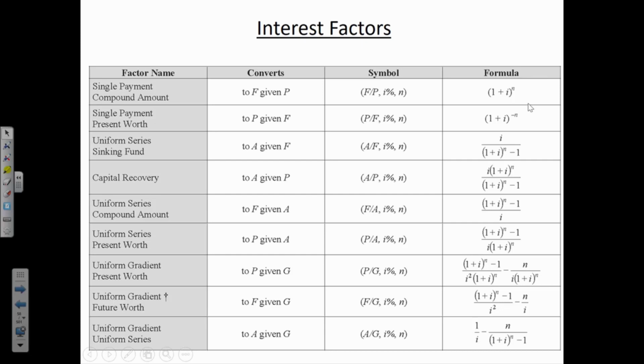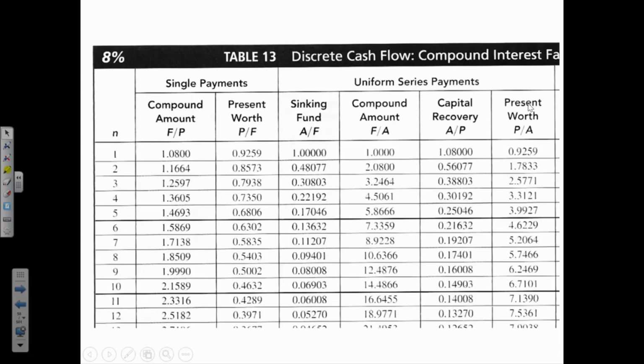All right, so these interest factors are one of the ways that we're going to be accounting for the time value of money. This is a scan of one of the factor tables from the back of your book. The appendix in the back of your book is just page after page of tables that look like this. And you can see up in the corner, this says 8%.